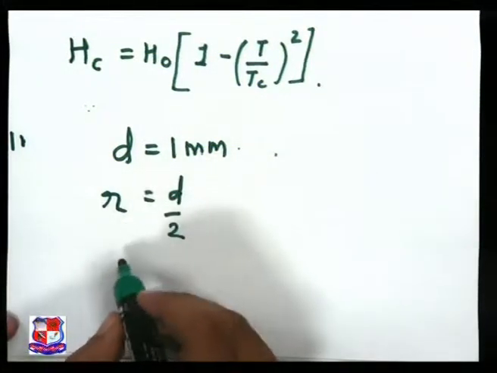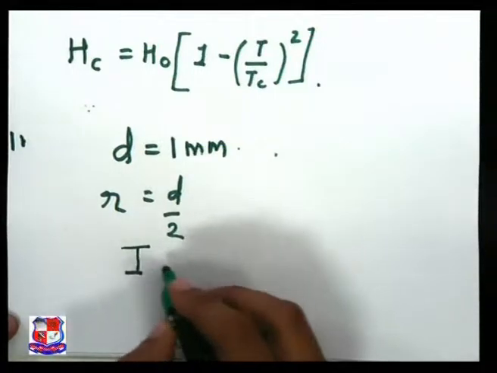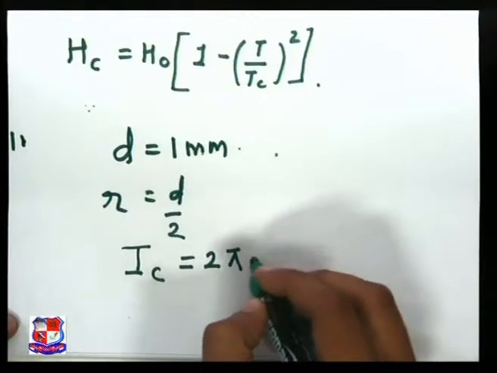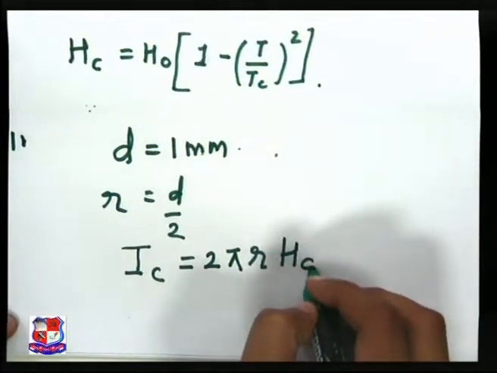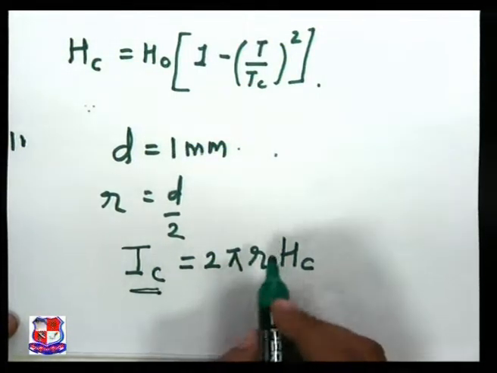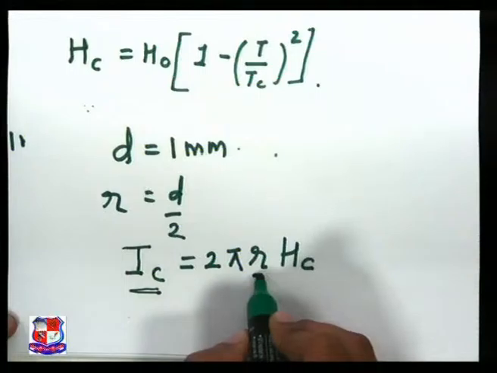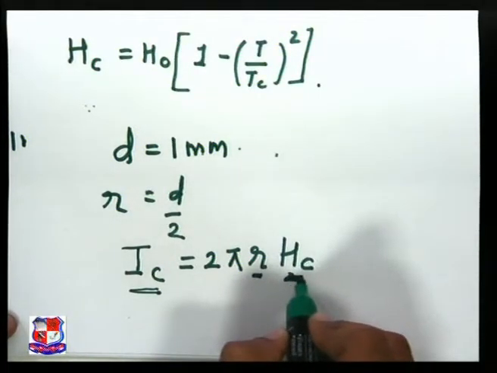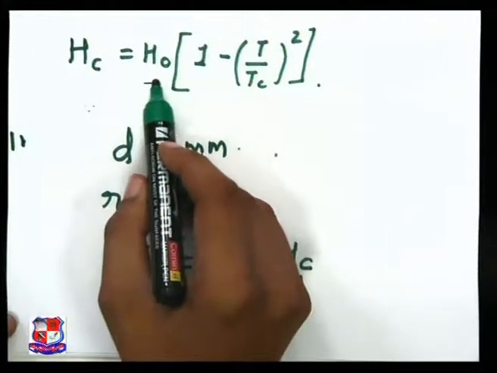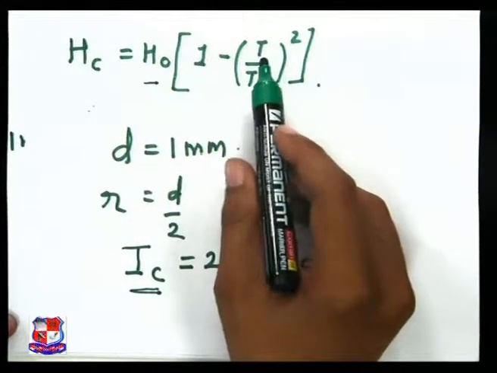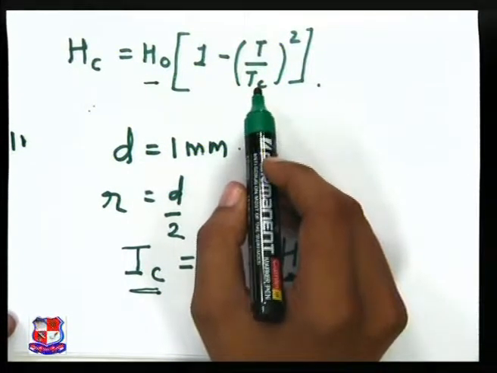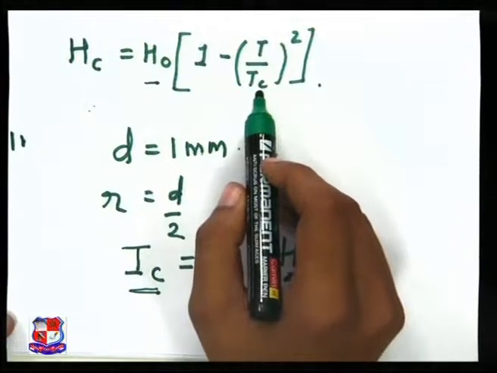We need to calculate critical current, and critical current is equal to 2 pi r into Hc. To calculate the critical current, we have to substitute the value of R and the value of Hc. We have already been given the value of H0, the value of T, that is 4.2 Kelvin, and the value of Tc, that is 7.18 Kelvin.